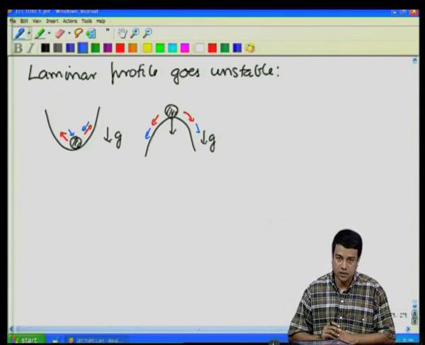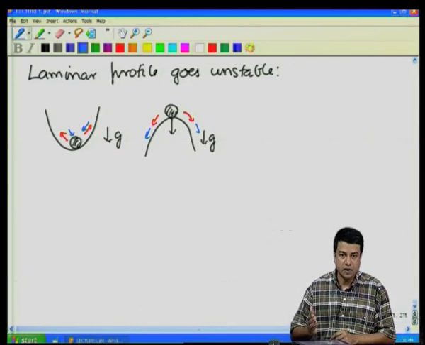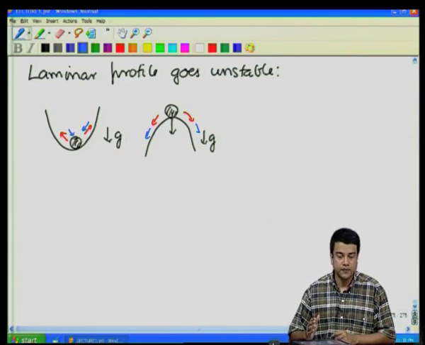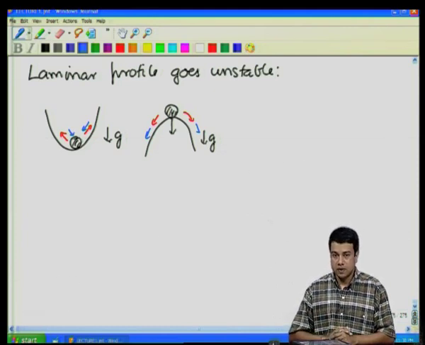The laminar solution is a solution at all Reynolds numbers. The problem is, when the Reynolds number increases beyond a certain value, any spontaneous disturbance will make the flow go to a turbulent state. Okay. This brings us to an important point here.